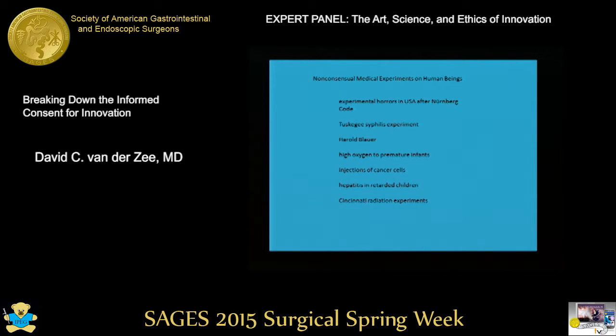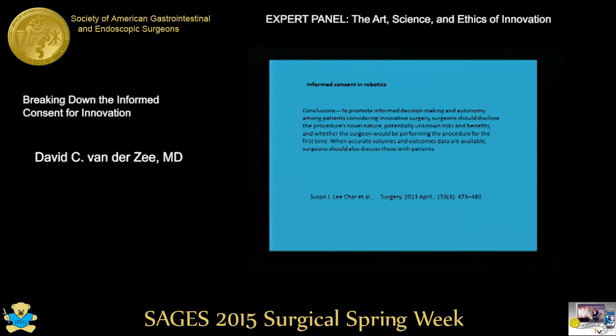Now, these are a few examples of non-consensual medical experiments on human beings, something that is not acceptable anymore. So, how about informed consent in robotics? The conclusion from this article from Surgery from 2013 was to promote informed decision-making and autonomy among patients considering innovative surgery.